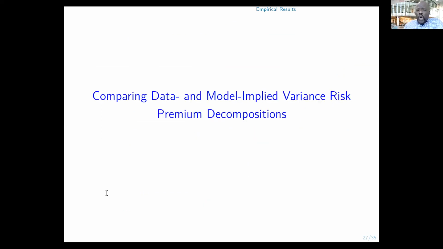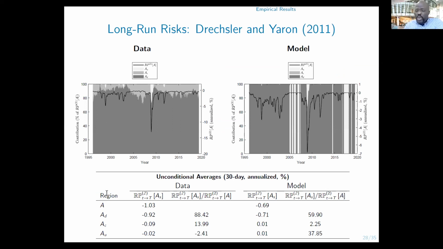So now, comparing data and model-implied variance risk premium decomposition. If you remember what you have seen before, I showed you the contribution of each component to the variance risk premium over time. Here, the darkest shaded area is the contribution of the downside. Look at the left-hand side graph. The darkest shaded area is the contribution of the downside to the total variance risk premium in the data, and the medium shaded area represents the contribution of the center to the variance risk premium.